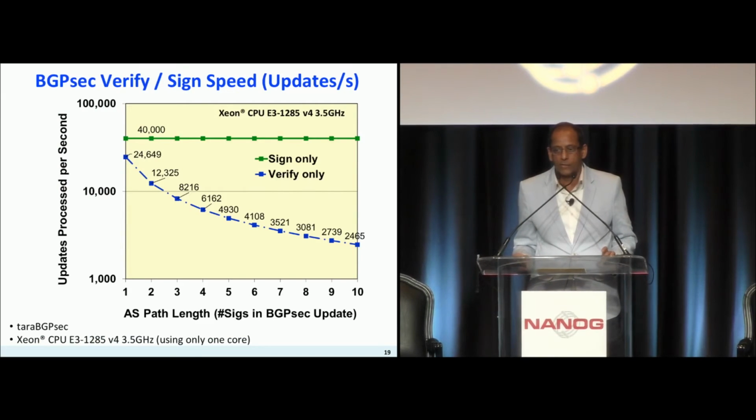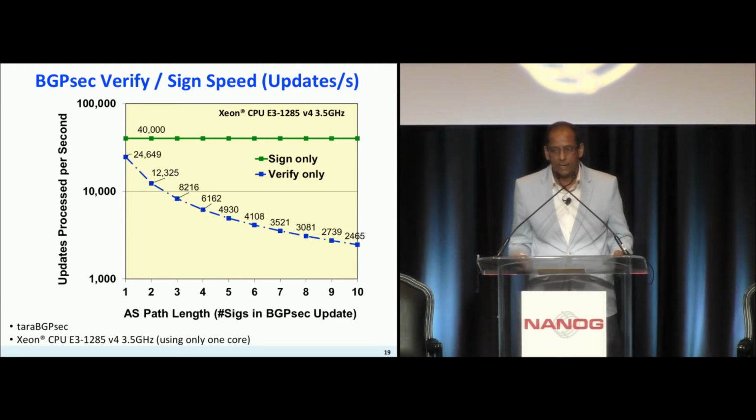This chart shows the update processing speed versus the AS path length. So when you look at a BGPsec update, it may have a different number of ASs in the path. That's what we call the AS path length. There's only one signature per update. When you send an update from your BGPsec router to your peer, you add one signature.